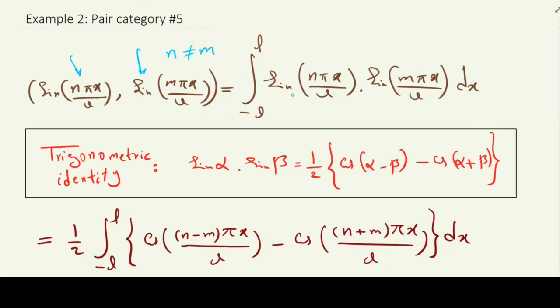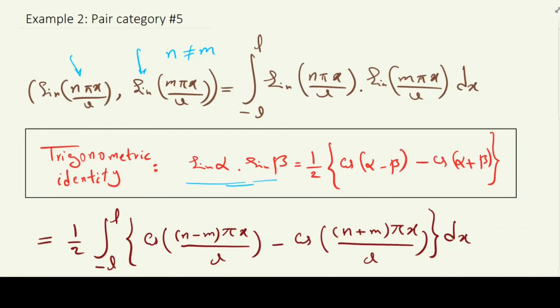Again, we have the product of two trigonometric functions. We need to rewrite it in a more proper fashion, and we can use this trigonometric identity: sine alpha times sine beta equals half times cosine alpha minus beta minus cosine alpha plus beta.